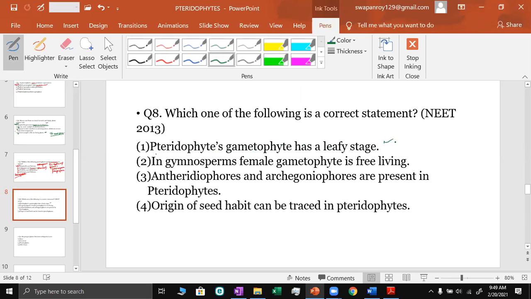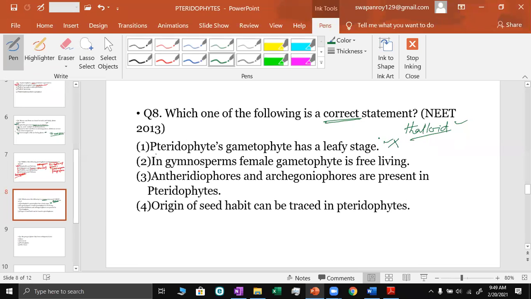This is not correct. Here it is asking what is the correct statement. The gametophyte of pteridophyte has no leafy stage. This is completely thalloid, thallus-like structure. No leafy stage is there.